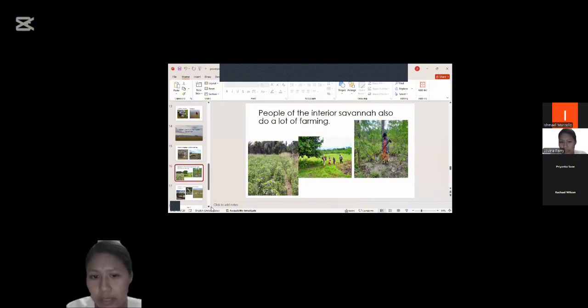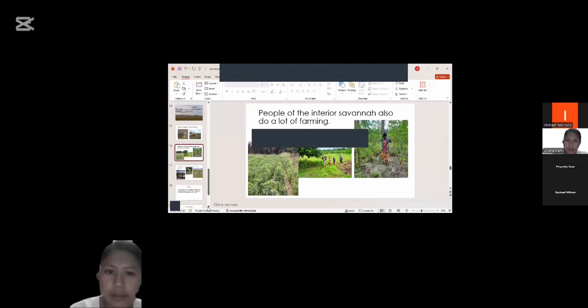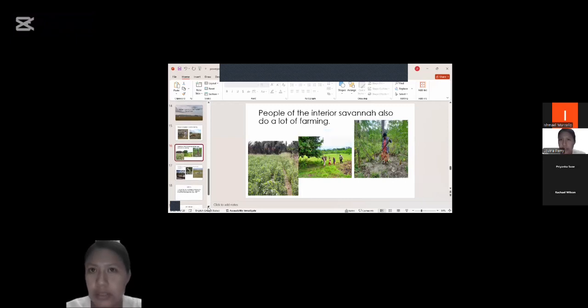And which plant do you see in these pictures? Cassava, miss. Cassava plant, right? So this is what the persons usually grow in their farms, the cassava. It's their main source of staple, right?